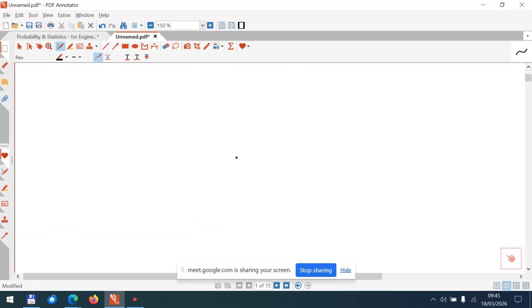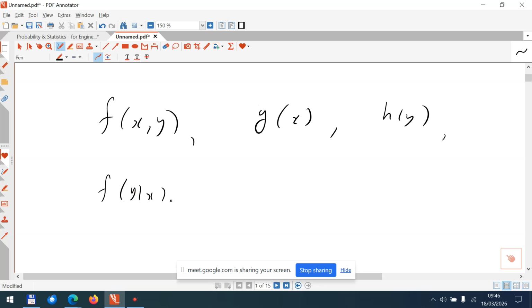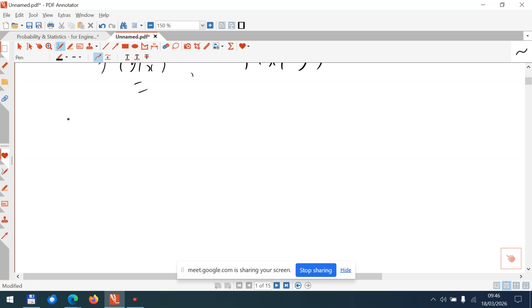That gives rise to joint distributions and marginal distributions, g of x and h of y, and conditional distributions, f of y given x and f of x given y. These are used to compute any probability of any kind.